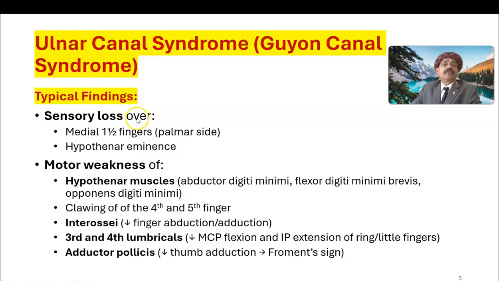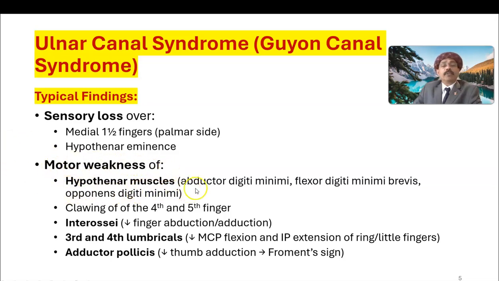Typical findings: sensory loss over the medial 1.5 fingers, palmar side, not the dorsal side. There is a chance of losing sensory function over the hypothenar eminence skin.